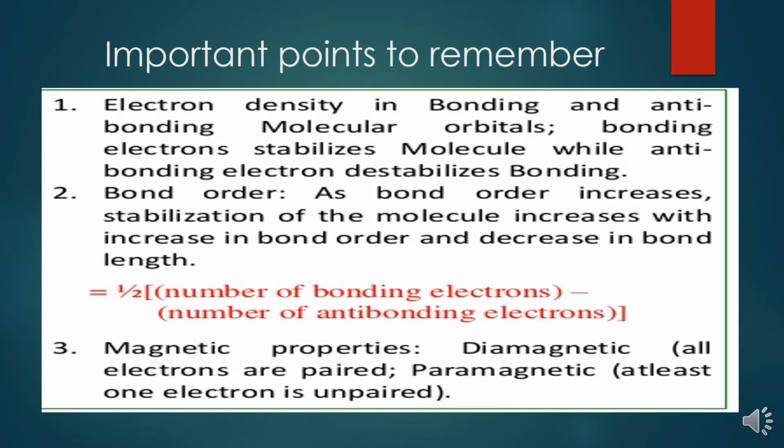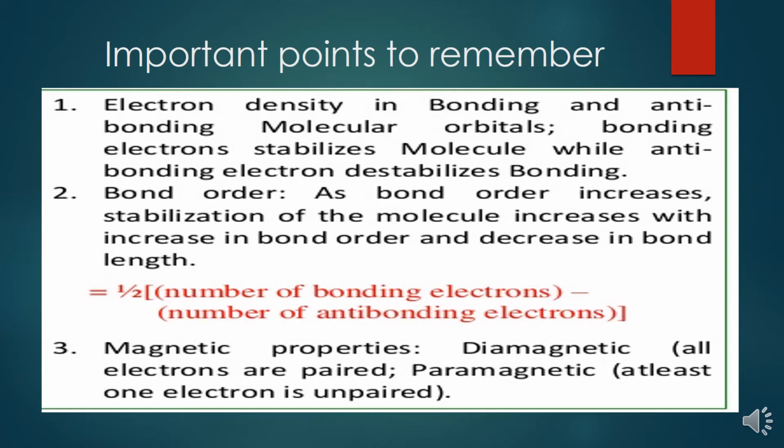Bond order can be calculated by this formula: half multiplied by the number of bonding electrons minus the number of anti-bonding electrons. Also remember, the higher the bond order, the greater the stability, because with an increase in bond order, bond length decreases and that results in increased stability.